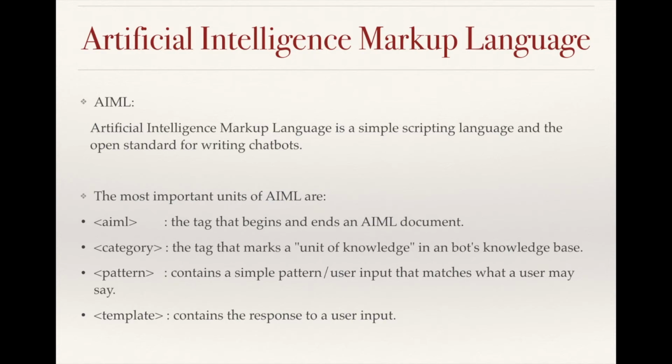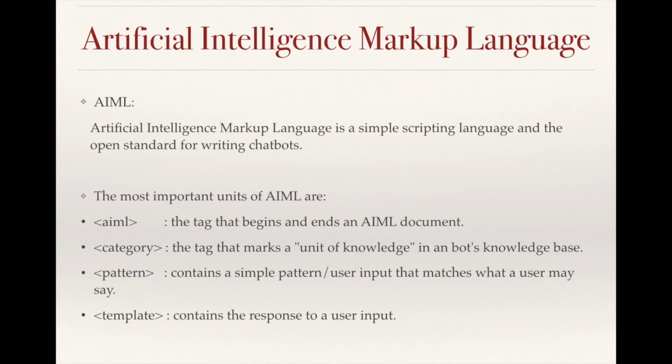Then there is our pattern tag. The pattern tag contains a simple user input that matches what a user may say. That is, a user may say something, a string or a user input. So what the pattern does is it checks all the other patterns and matches with what the user has said.